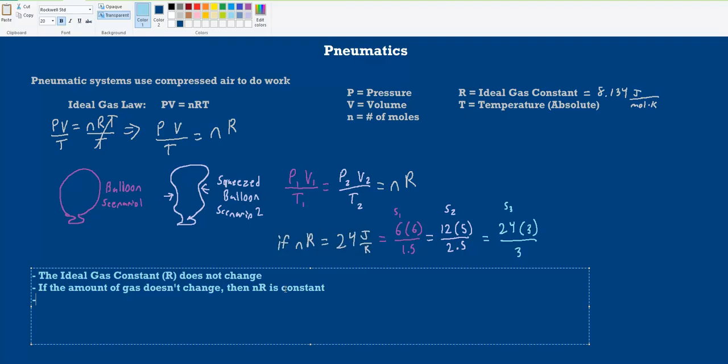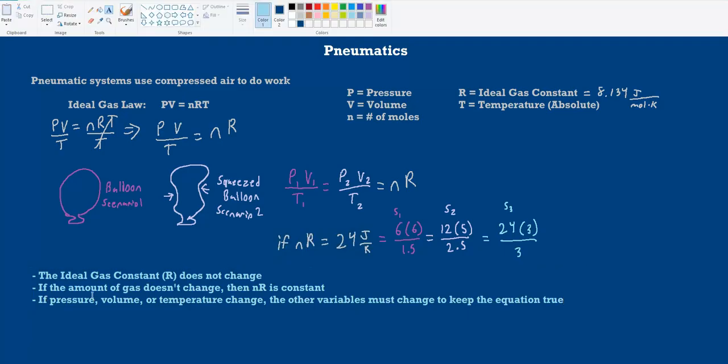And finally, if pressure, volume, or temperature change, the other variables must also change to keep the equation true. And if you understand these 3 things, you understand everything you need to be able to solve for a pneumatic system.